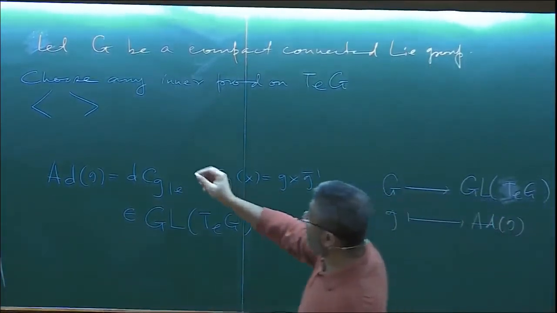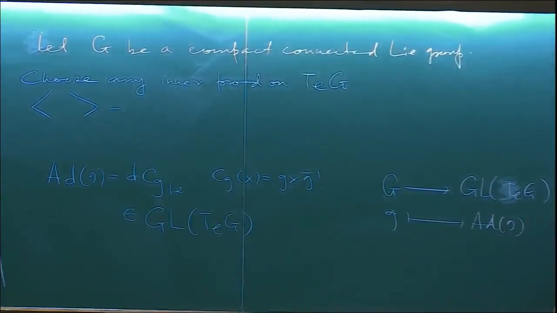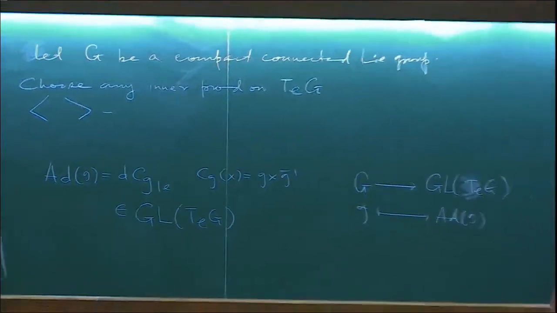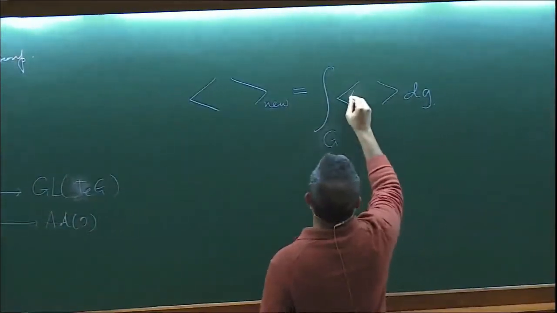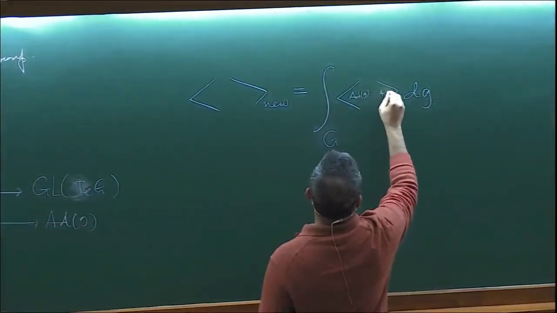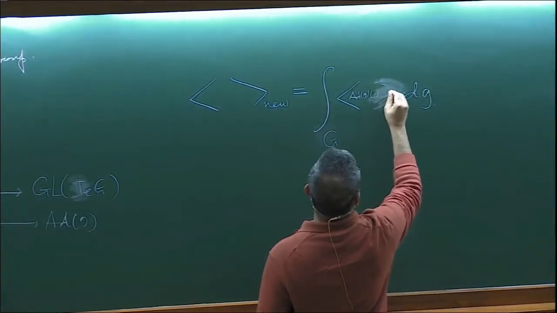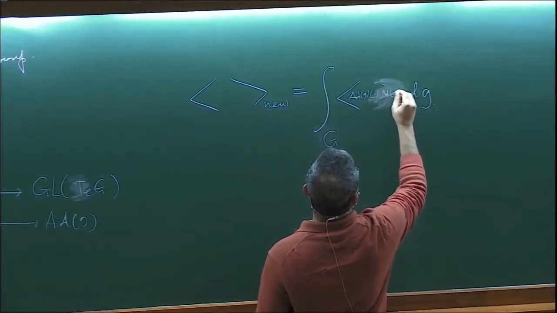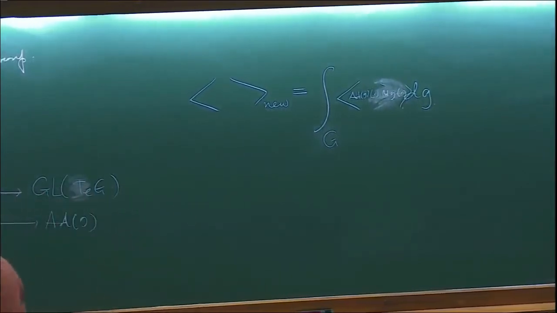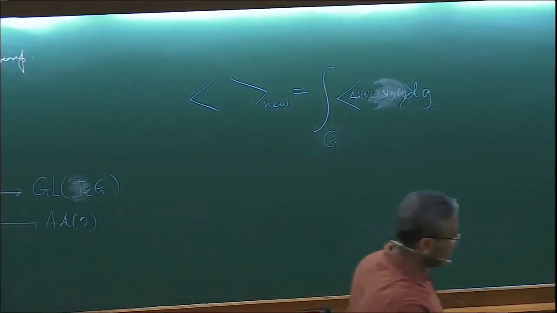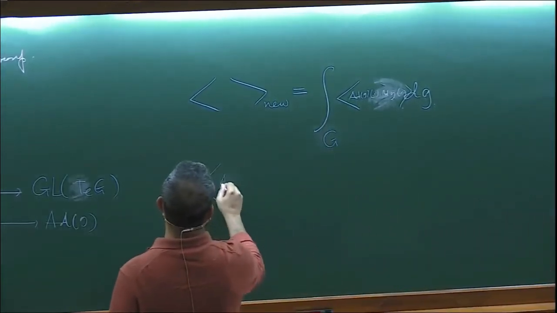Starting with any inner product, I can average this inner product and produce a new inner product this way, and since the measure is left invariant, this inner product is going to be Ad invariant.